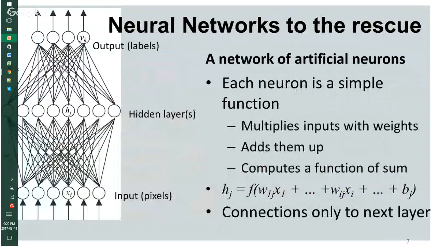So enter neural networks. In neural networks, what you have is an input layer, and you have multiple layers of neurons, and an output layer at the top. The first hidden layer basically transforms the input into some set of features.